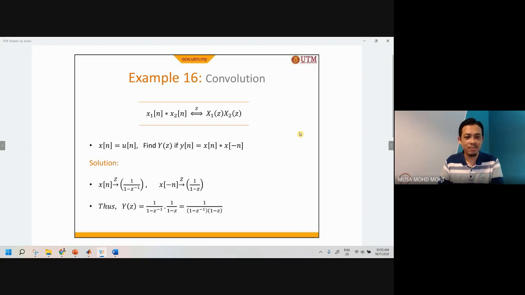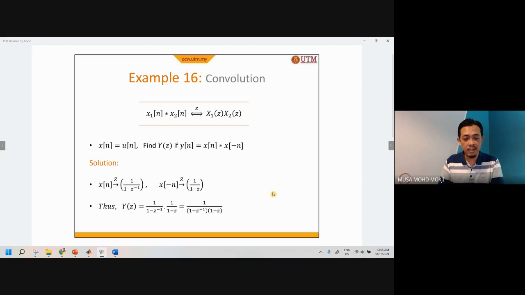Even the ROM doesn't have an infinite amount of memory. So that's why when we do it in the Z domain, it is just some multiplication, so it is quite easy to solve.